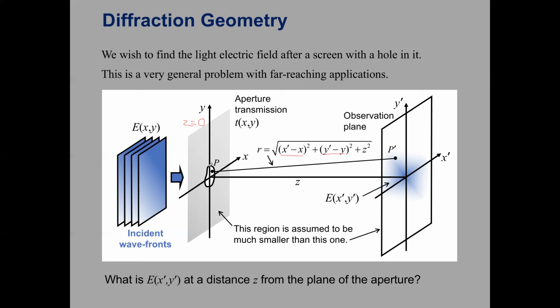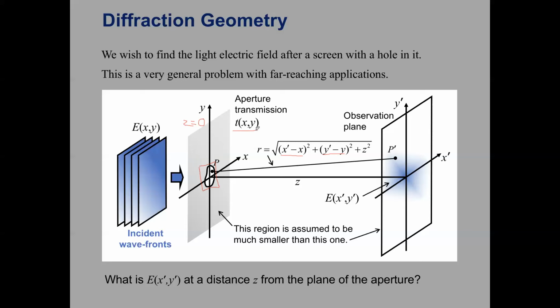We're also going to eventually have to get a function that describes what our opening looks like. If you have a square or rectangular opening, the function t of xy will be a rectangular or square function in the xy plane. If you have a circular opening, t of xy will be a function describing a circle.